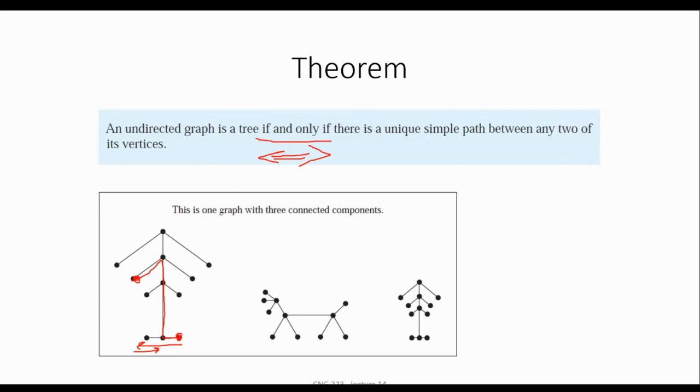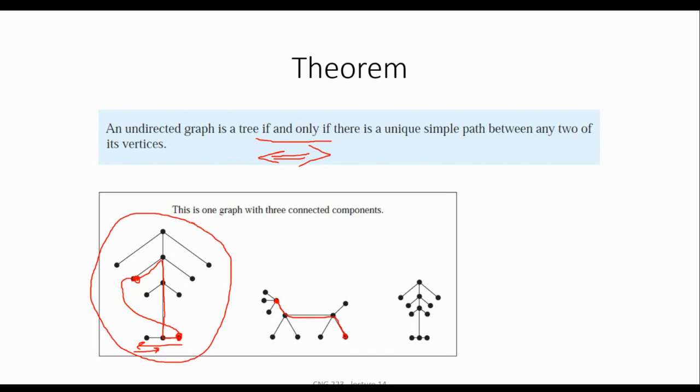For example, this vertex is not connected to this one, otherwise it would not be a tree. You see? Again, you choose any point, and if you want to reach another one, there should be only one path to reach it, without repetition of vertices, of course. So this is a good theorem in order to check whether we are dealing with a tree or not, because trees are not always what they look like, for example, here.